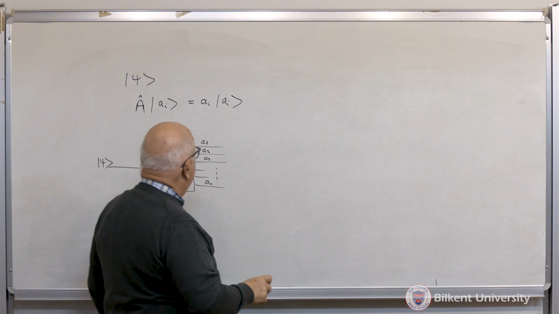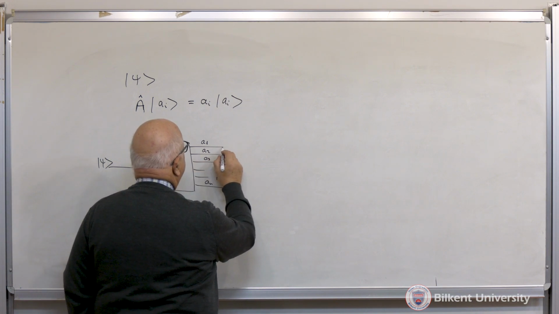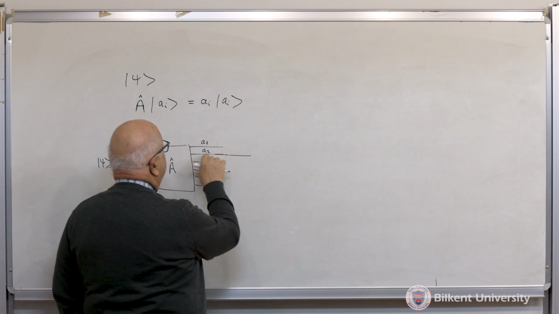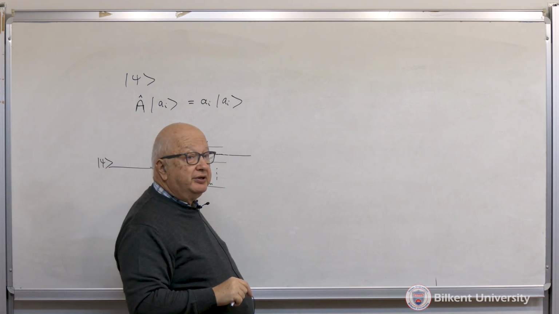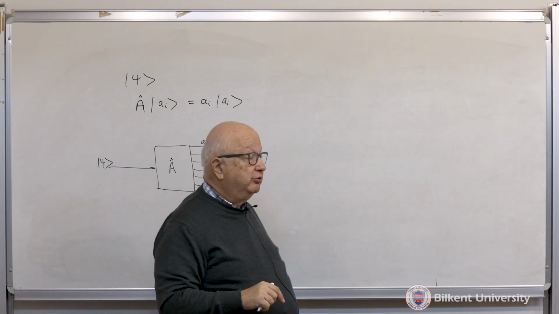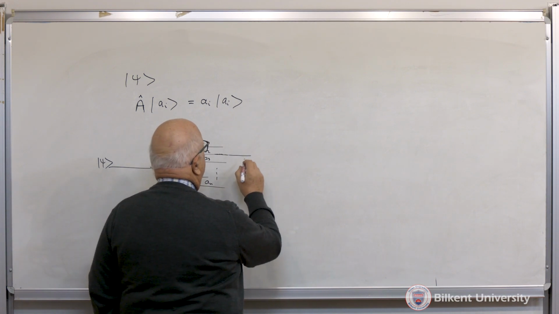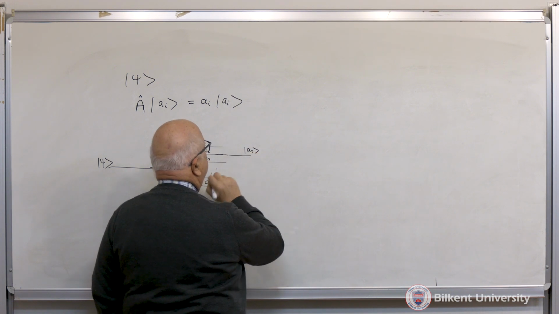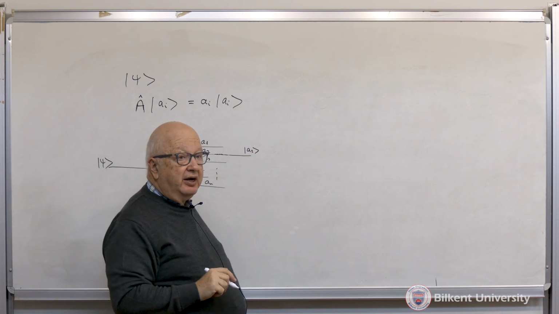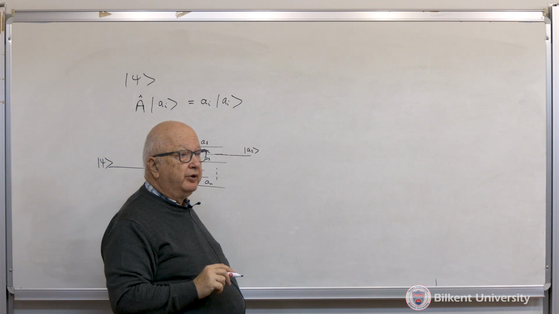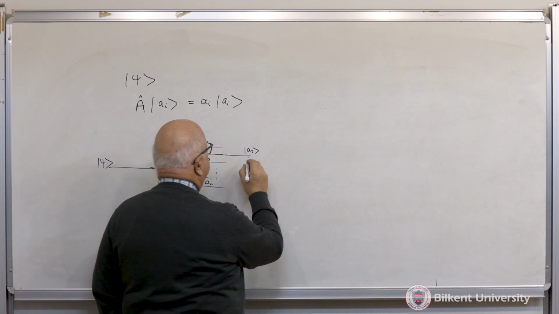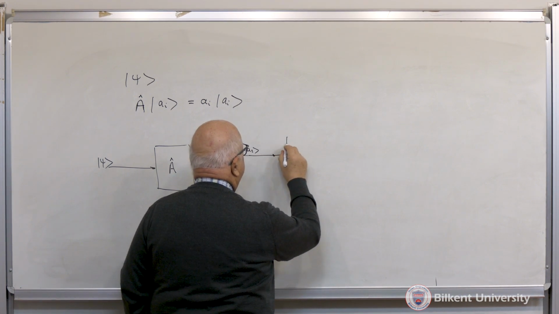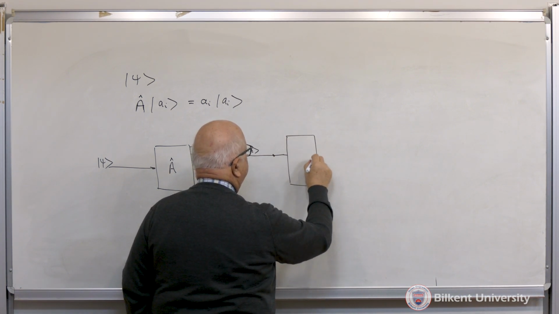Okay? And when I make this measurement, I find out that the particle is in the state with eigenvalue equal to, say, A2, then the state of the system is eigenstate A2. So this is now moving on, and suppose I feed this into some other experiment.